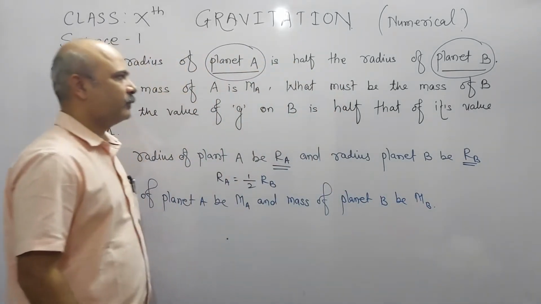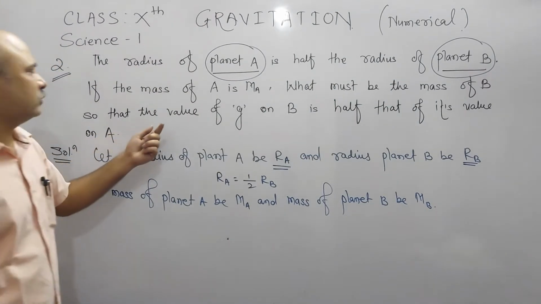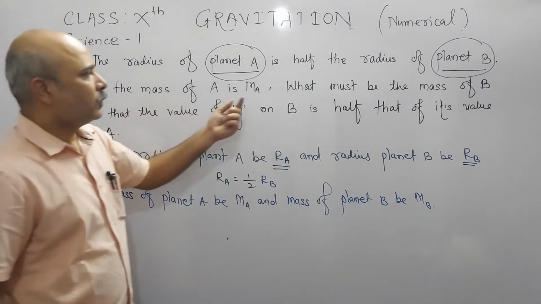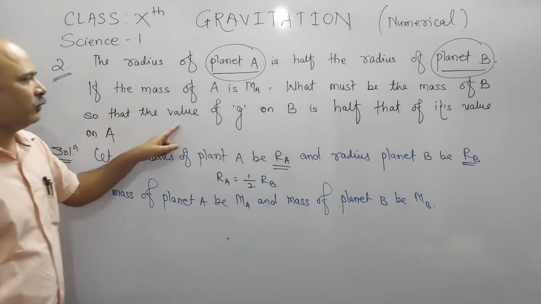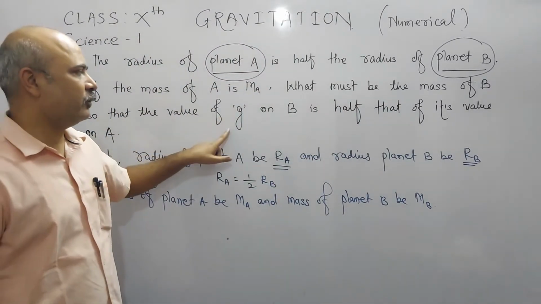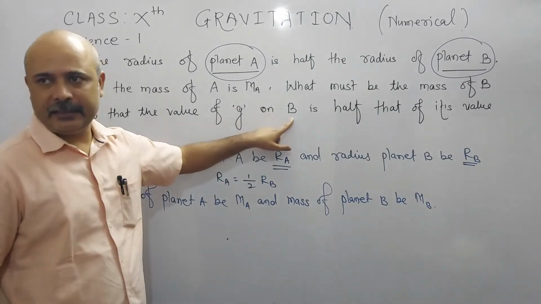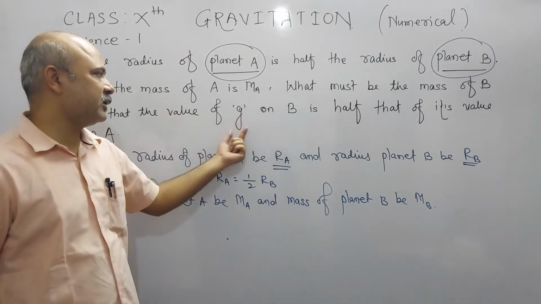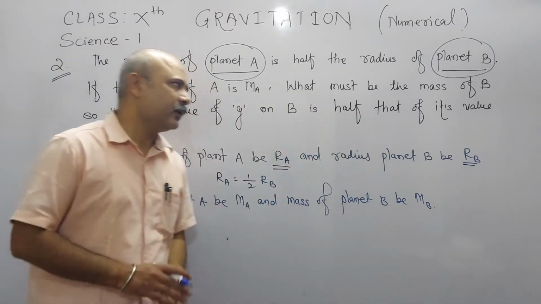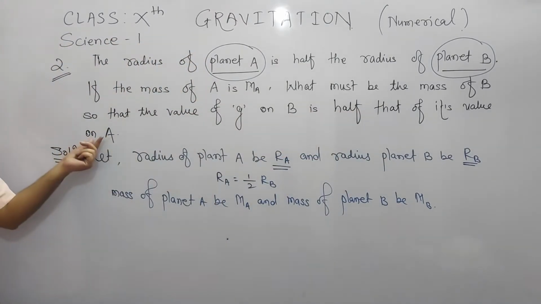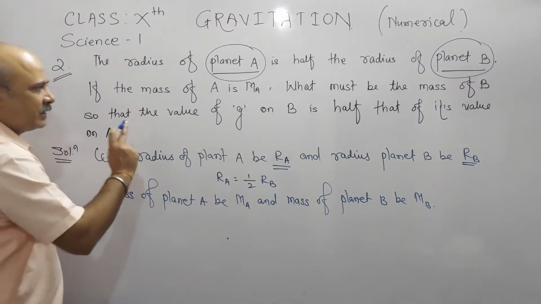So you have to find out what must be the mass of planet B, so that the value of g on planet B is half that of its value on planet A. Means what is given?